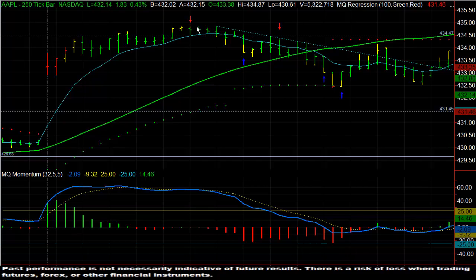All the whole time what we're doing is watching to make sure this doesn't turn and run on us. But at this point we started to get weaker and weaker. Well, no upside momentum, weaker price action to the upside, and downside momentum increasing, and that's what we saw here.